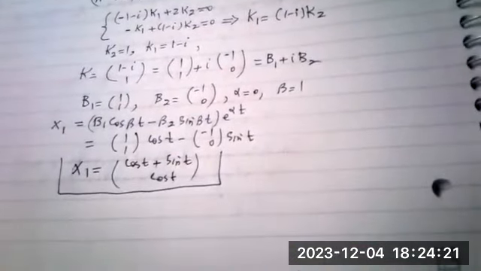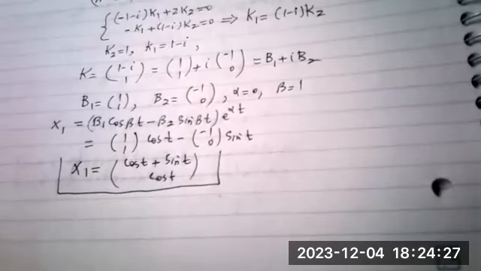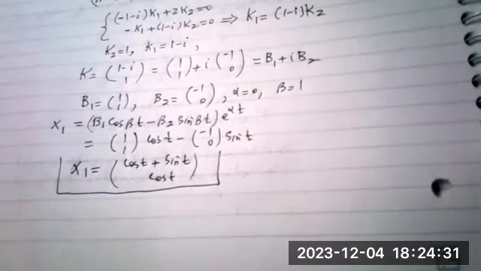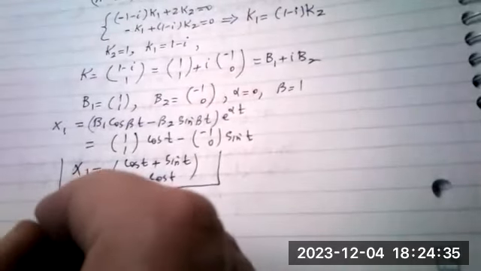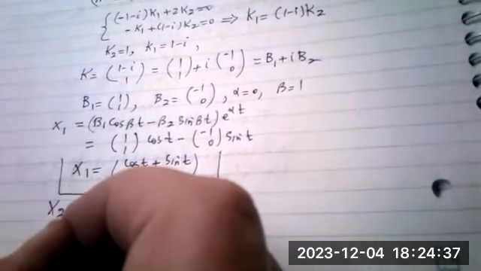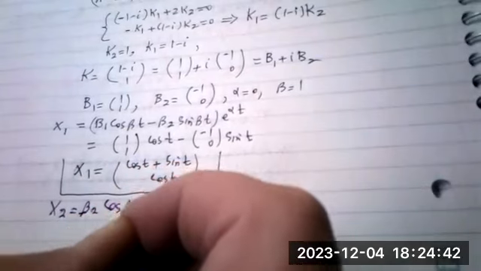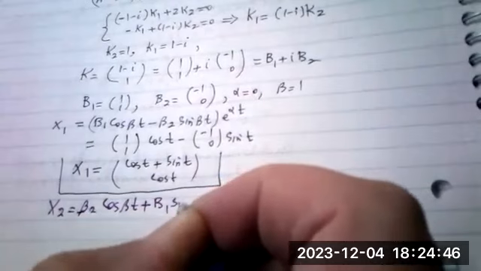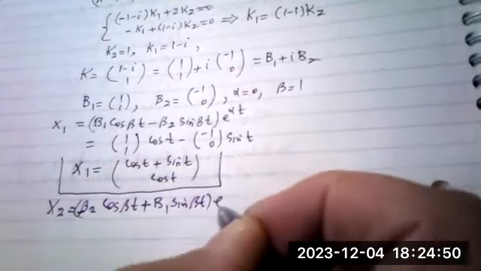We repeat it to get x2. Any question? So that's the case with the complex roots that we proved the other night. For x2, just swap B1 and B2. So the formula for x2 is B2 cosine of beta t plus B1 sine of beta t, times e to the alpha t.